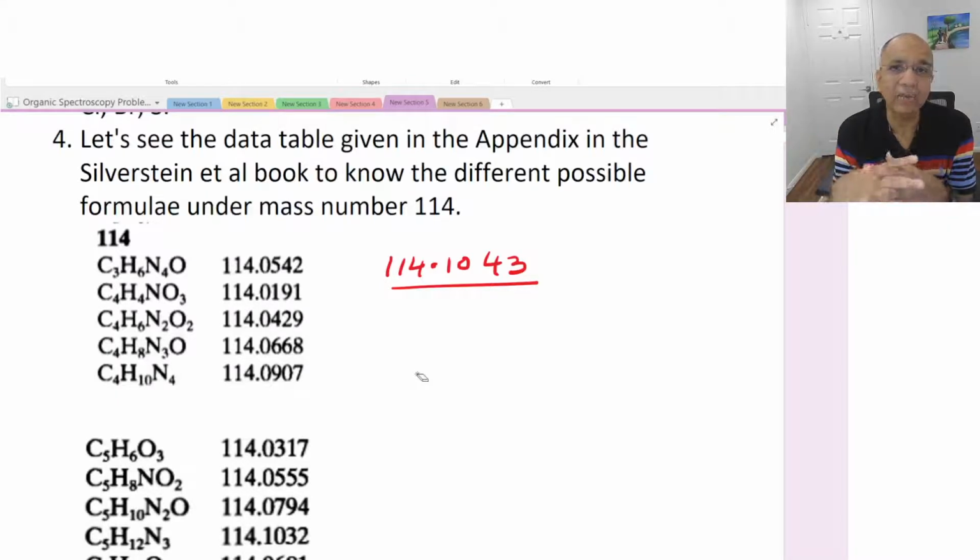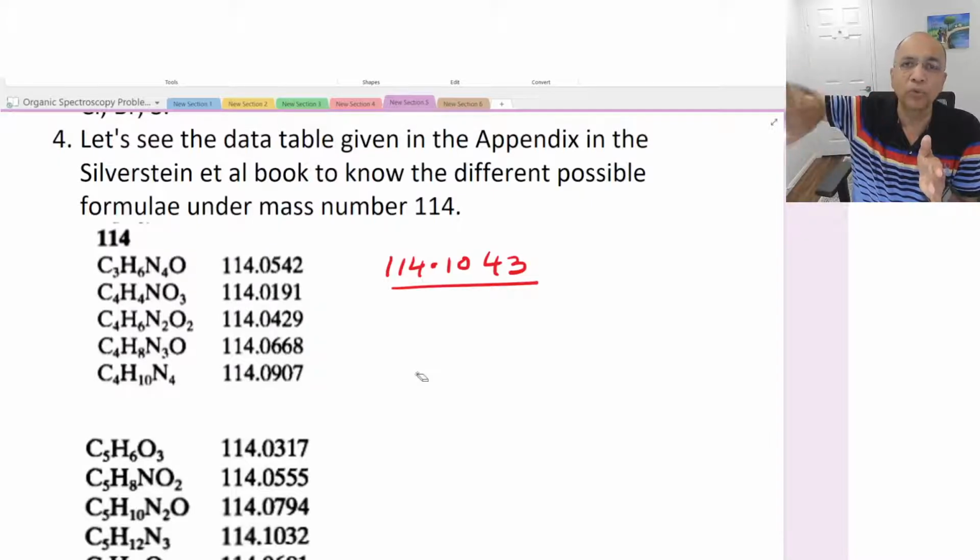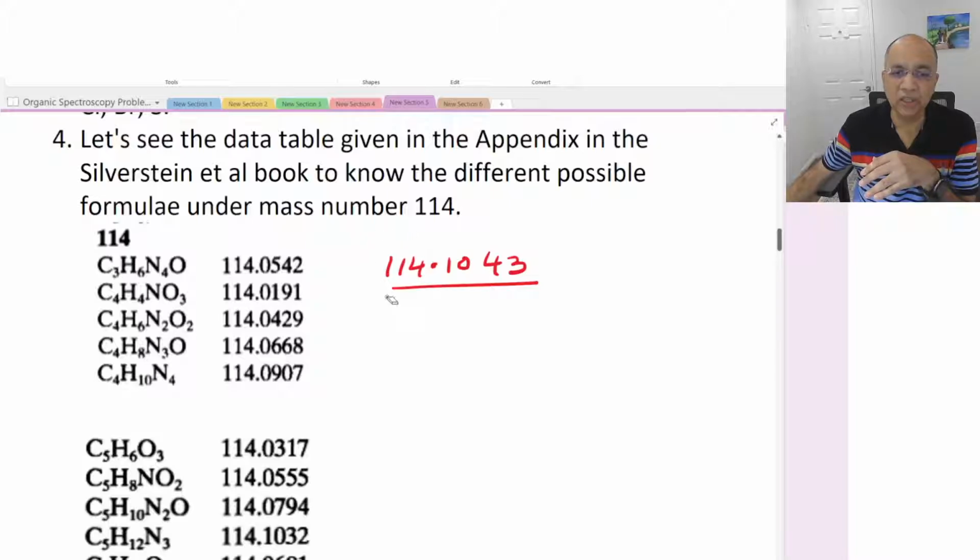So that can have an odd number of nitrogen having even mass number, or even number of nitrogen or no nitrogen having odd mass number. So don't be surprised. The nitrogen rule should be used with caution. You understand? So since this is a neutral molecule, we have not removed any monovalent group like bromine, chlorine. So we are sure that this contains either no nitrogen or an even number of nitrogen.